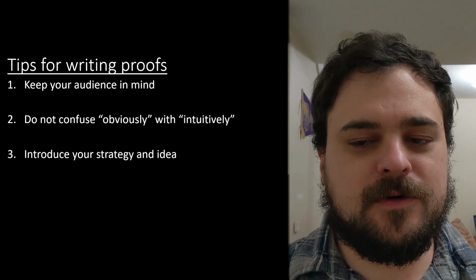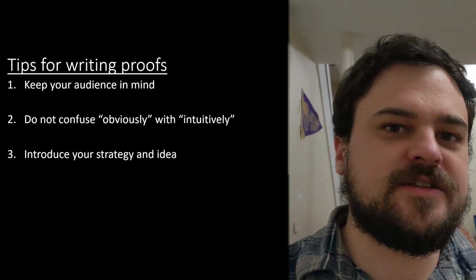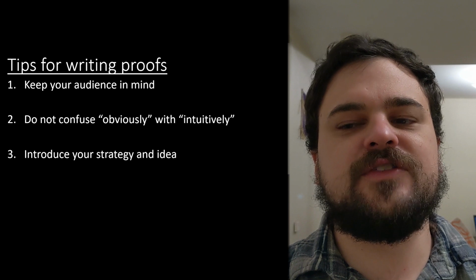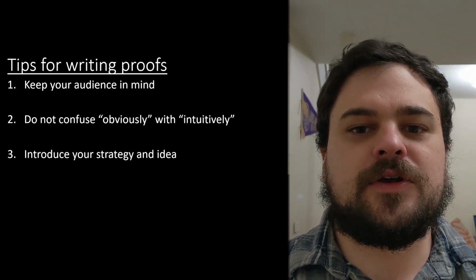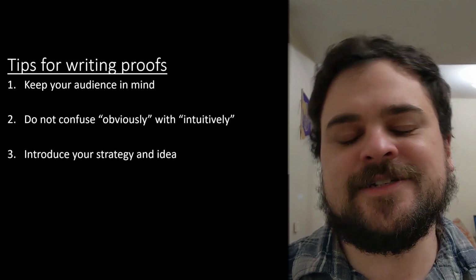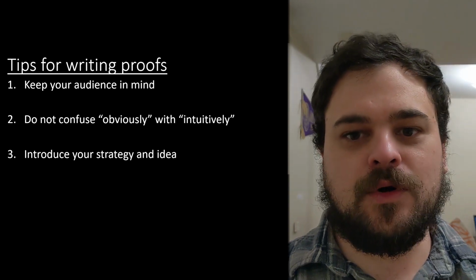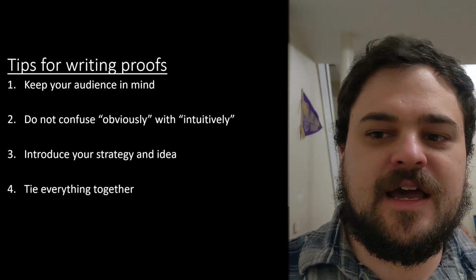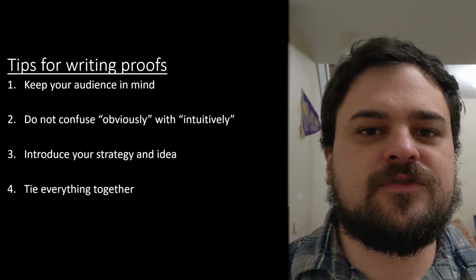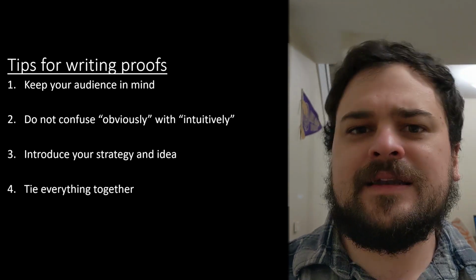Now, when you're writing your proofs, make sure you introduce the strategy that you're going to be using and also give the idea for how that strategy is going to be applied. So your proofs should be intended to teach someone something, not surprise or impress them. Once you've written your proof, go ahead and tie everything together and summarize how your conclusion followed from your argument. Happy proving!